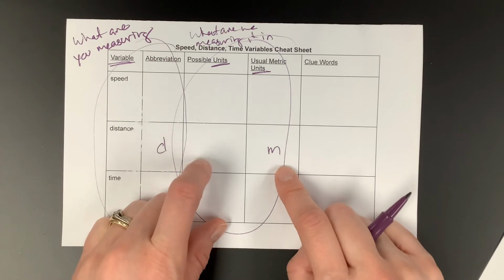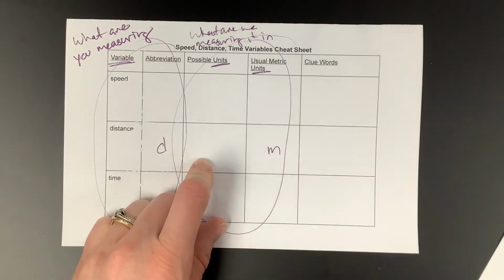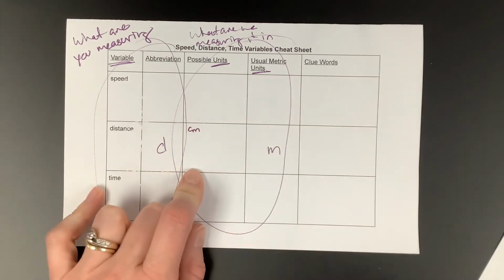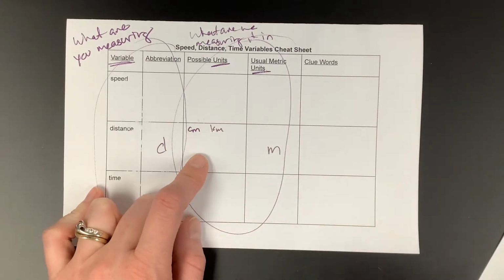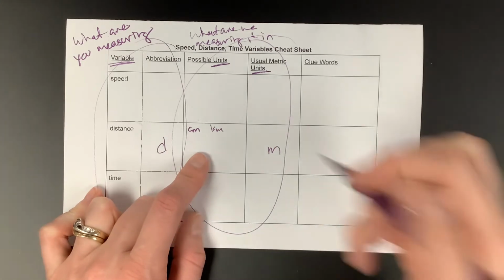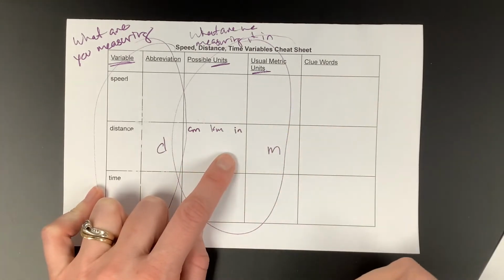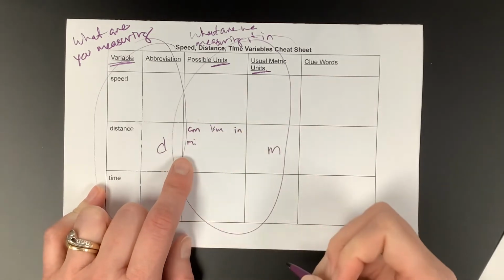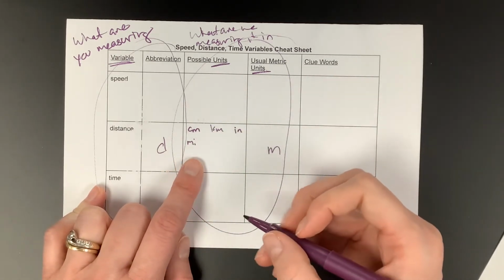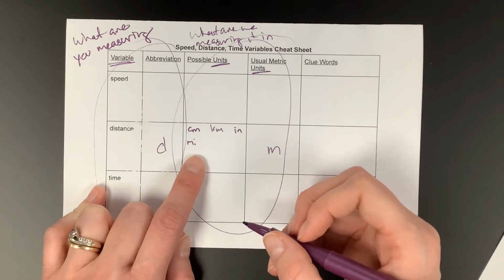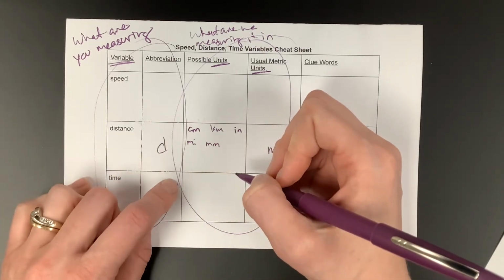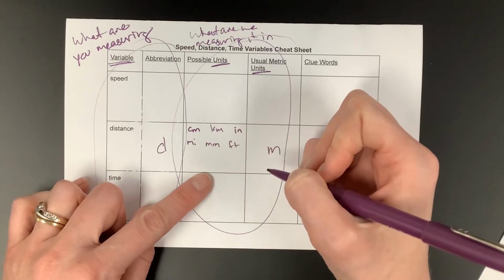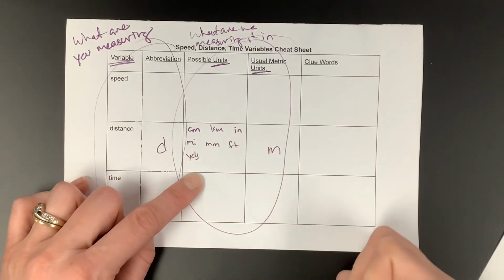What else could we measure distance in besides meters? Centimeters. What else? Kilometers. It doesn't have to be metric. Any units for distance. Inches. Miles. Millimeters. Feet. Yards.